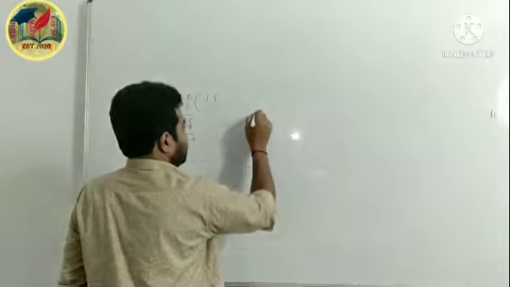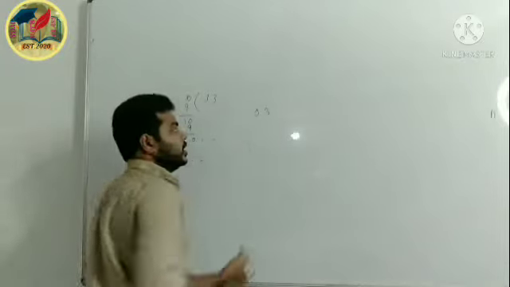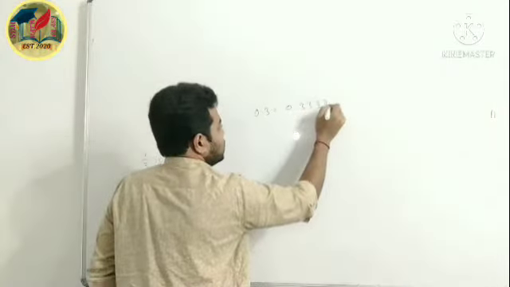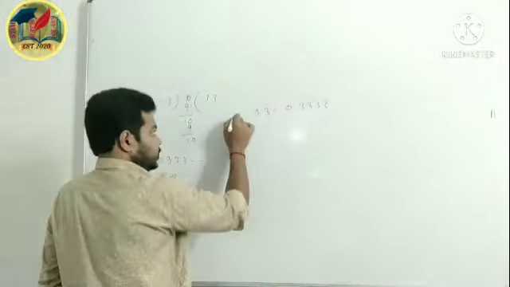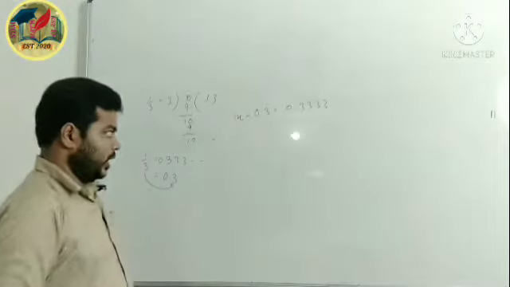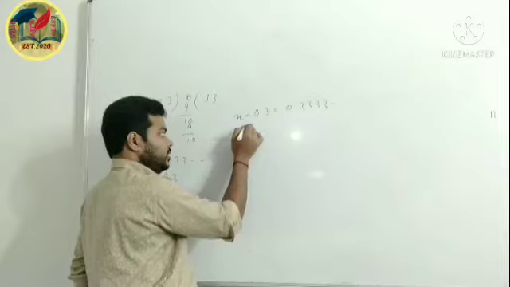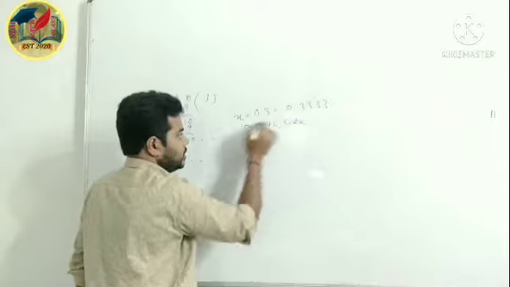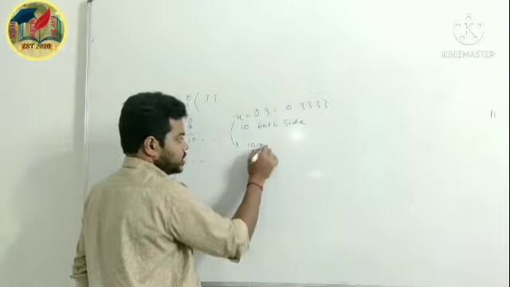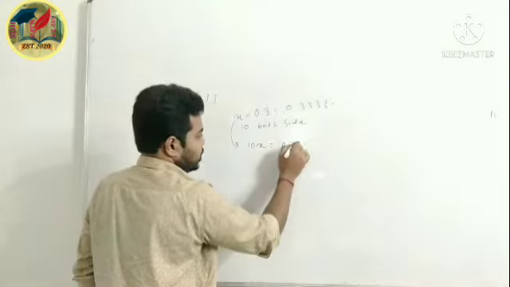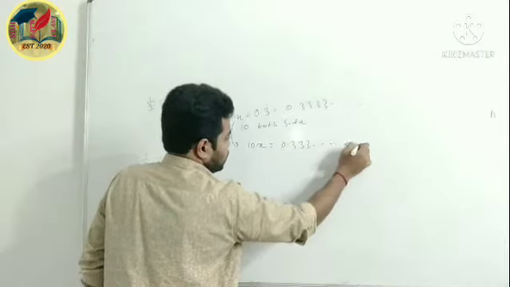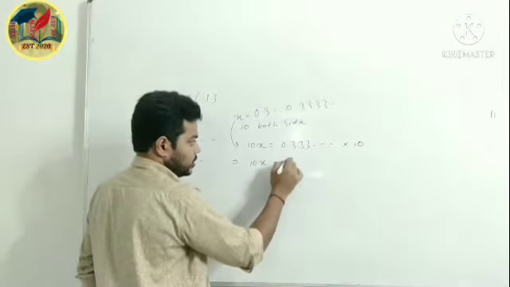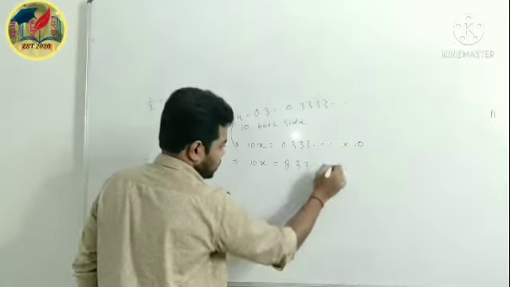Suppose we consider 0.3 recurring. This can be written as 0.3333 and so on. We consider this equal to x. Now if we multiply both sides by 10, then this becomes 10x equals 0.333 and so on, into 10, so 10x equals 3.33 and so on. Clear?